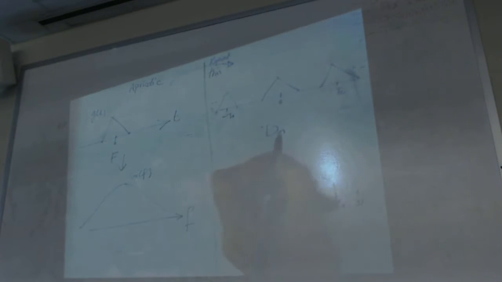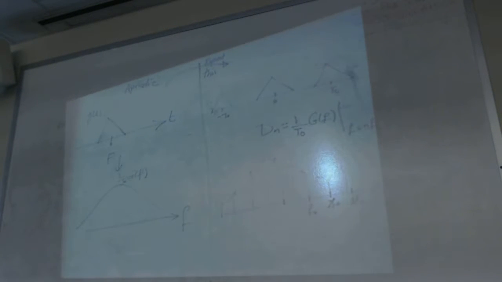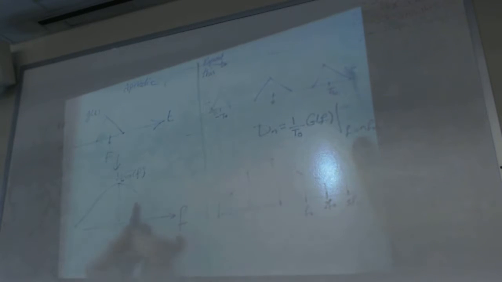You calculate the Dn, and Dn is nothing but 1 over T naught times the samples of G. So if I scale these by 1 over T naught and sample at n equals 0, you get DC, and then f naught, 2 f naught, 3 f naught, and they are going to be the same.